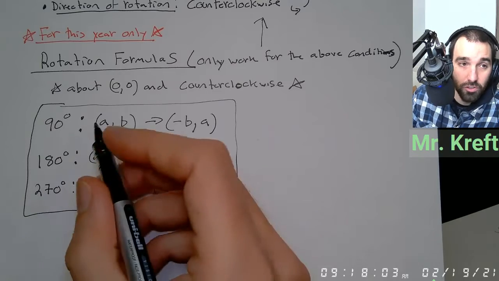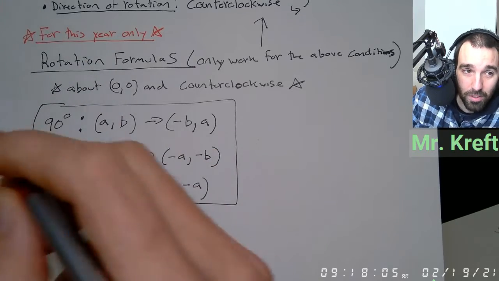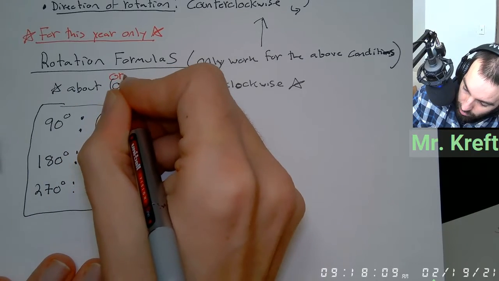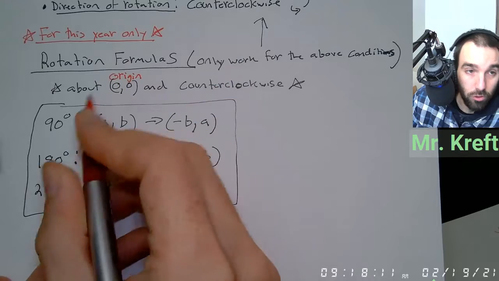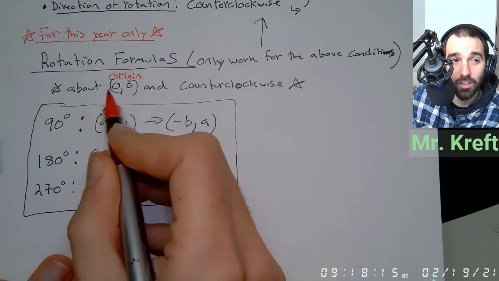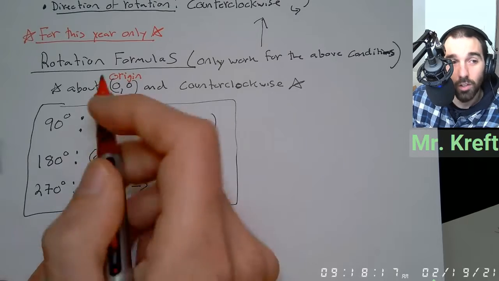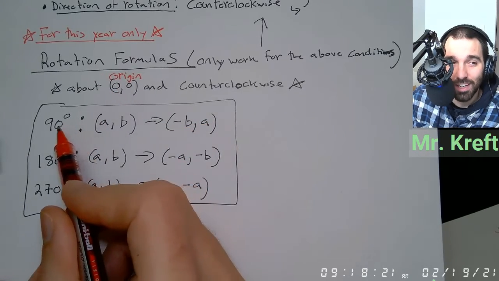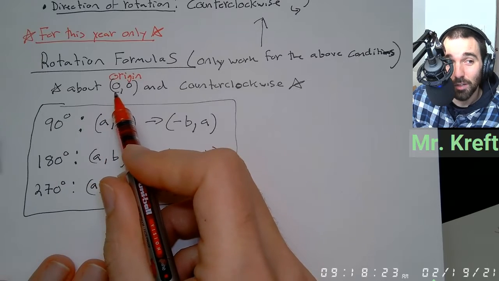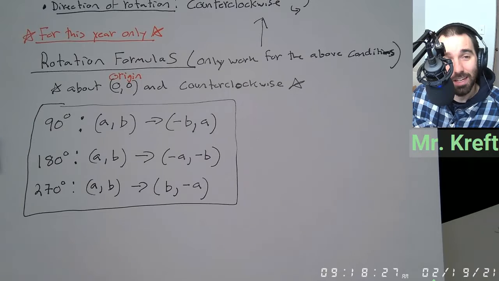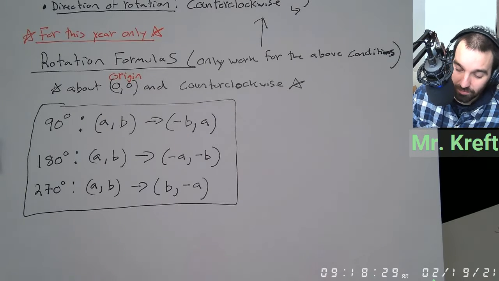Just another reminder: this right here is called the origin. So in your homework, it might say rotate 90 degrees about the origin. The origin is (0, 0), so don't let that throw you off. If it says rotate 90 degrees, it's going to be about (0, 0) and counterclockwise. We're just going to make that assumption with everything we do.